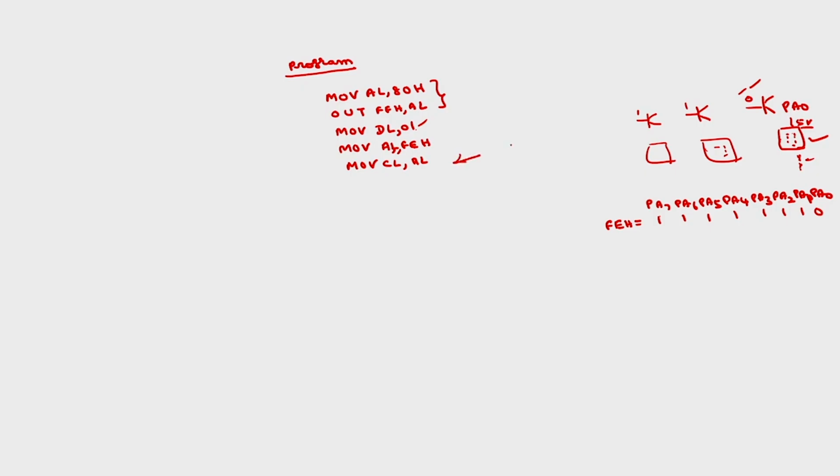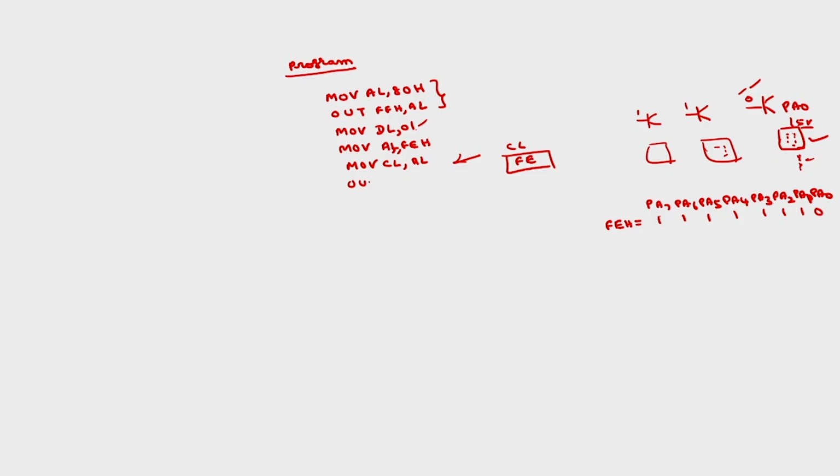In CL I am storing this FE, because at a later stage I have to rotate this, because in the next stage I have to make this bit 0, so that the second display will be selected, and so on. So, to do that I have taken this FEH into AL as well as CL. Now, I can use AL for OUT instructions.